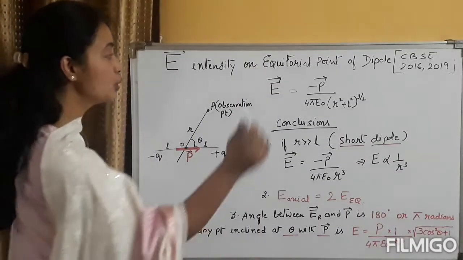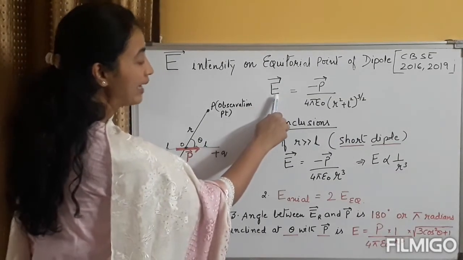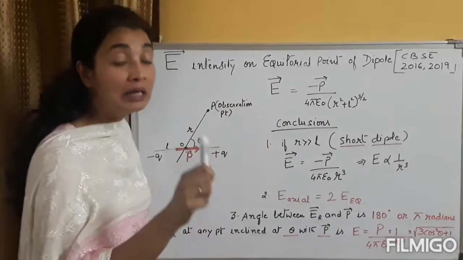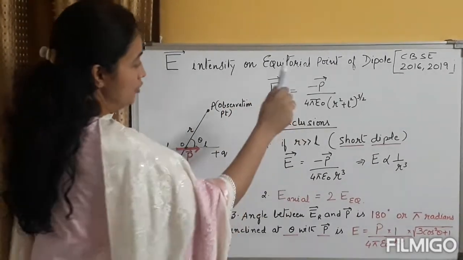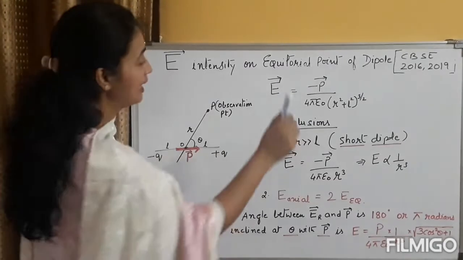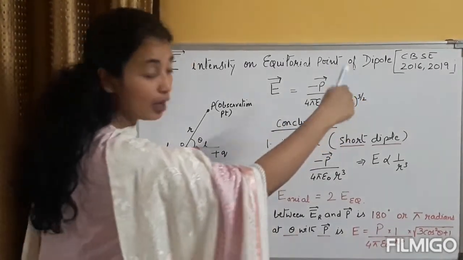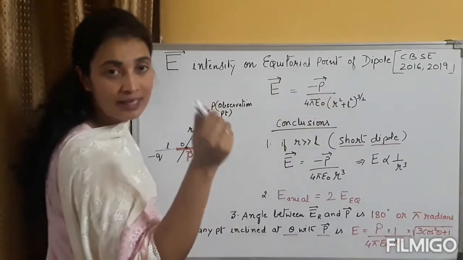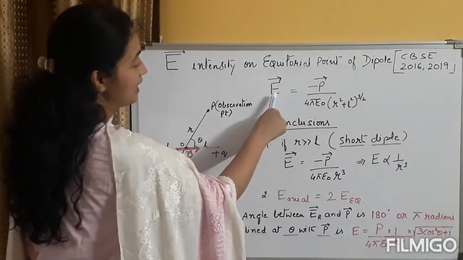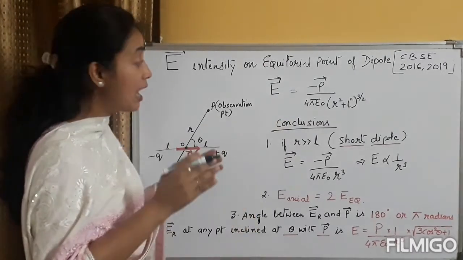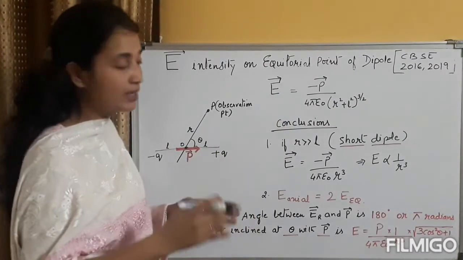Finally, we have concluded the vector form in which the electric field can be expressed. We have seen in the previous step the electric field with the magnitude and the direction written alongside, that it is along the negative x-axis. The same thing we are expressing in vector form because we have to remember that electric field is a vector quantity.